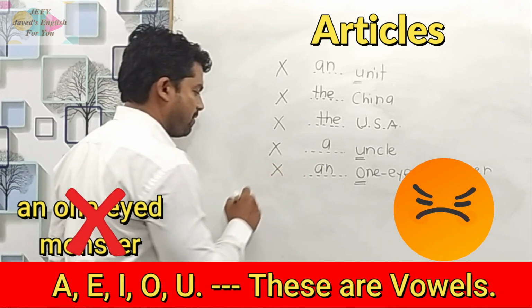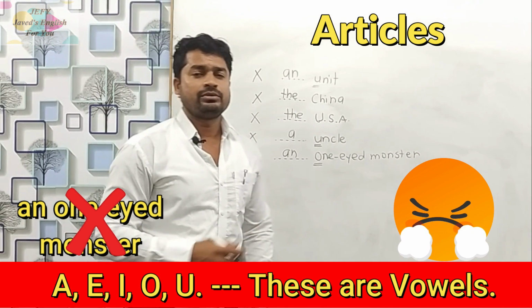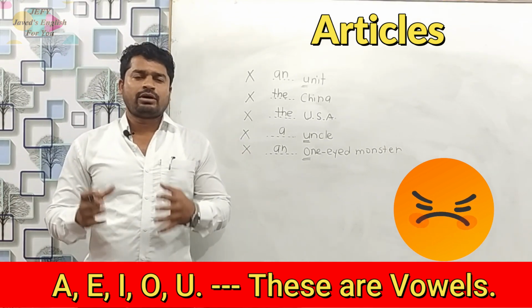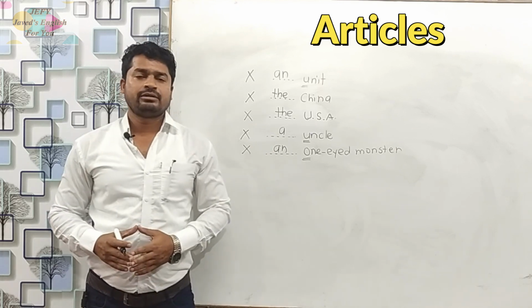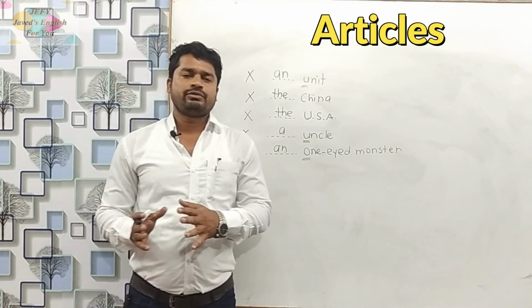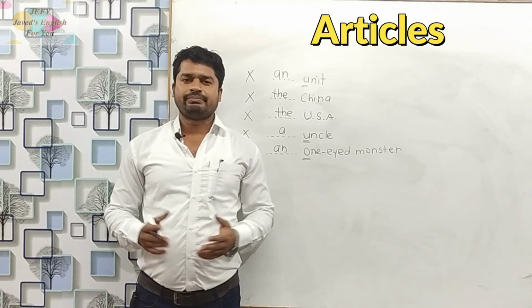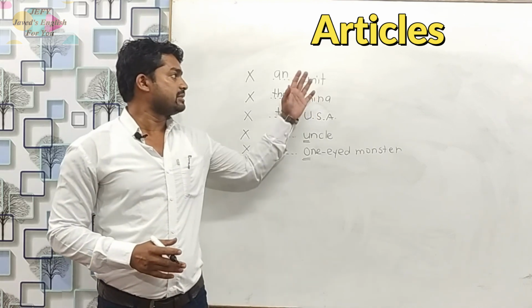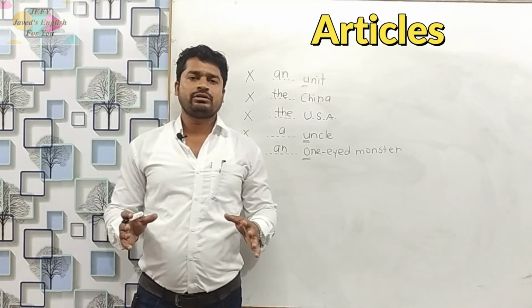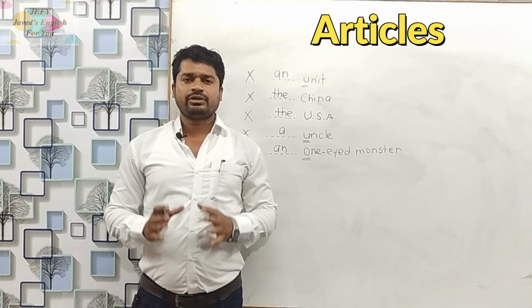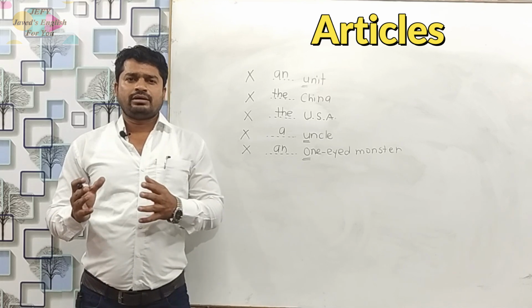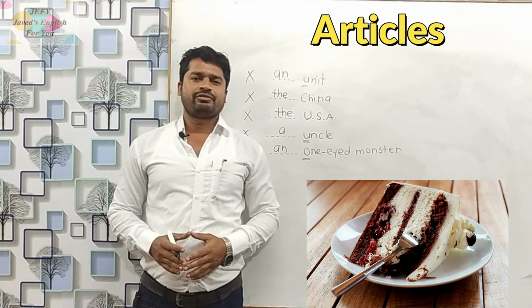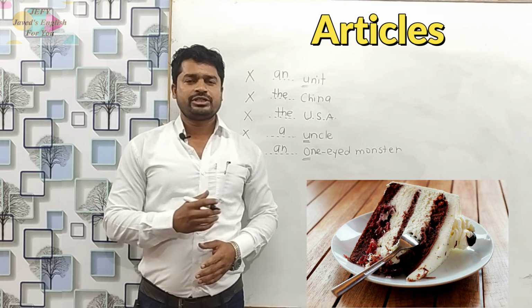Once again I am wrong. So you see how deceiving, how confusing can articles be. But if you watch the entire lecture, I am pretty sure that all this misconception will be gone in a few minutes, and for the rest of your life the articles will be as simple as a piece of cake for you guys. So stay tuned with me in this lecture.